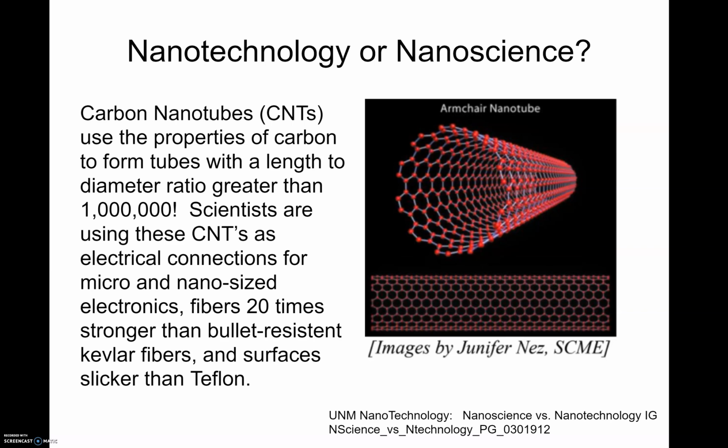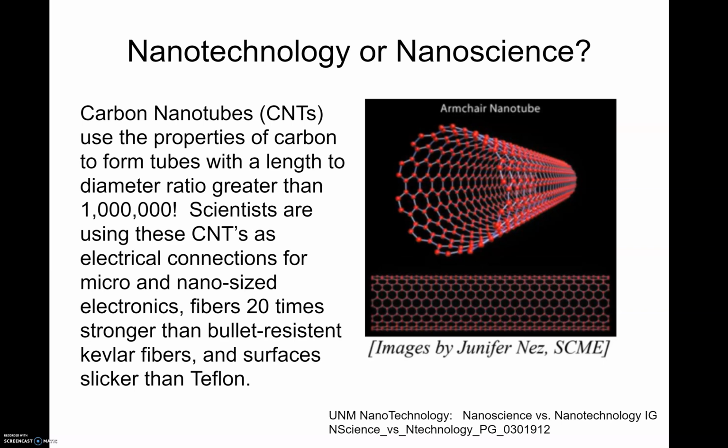Next, carbon nanotubes use the properties of carbon to form tubes with a length to diameter ratio greater than 1 million. Scientists are using these CNTs as electrical connections for micro and nano-sized electronics like transistors, fibers 20 times stronger than bullet-resistant Kevlar fibers, and surfaces slicker than Teflon.